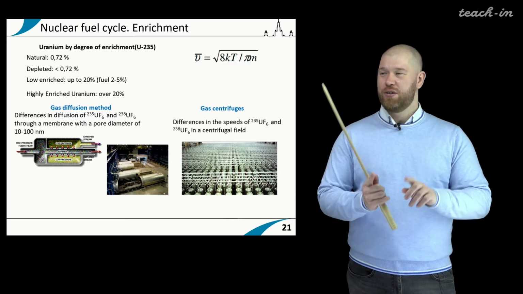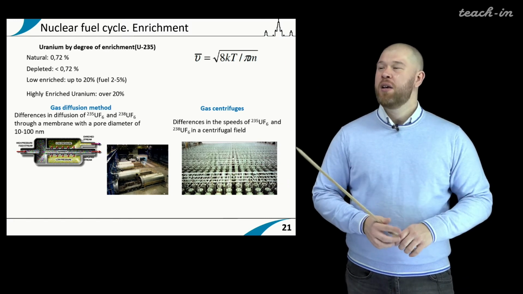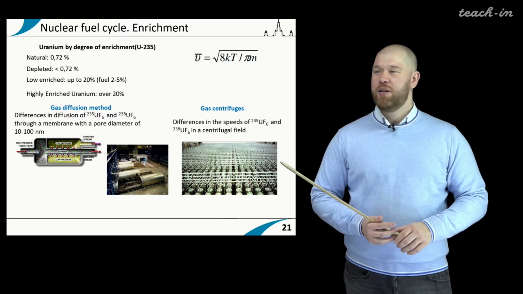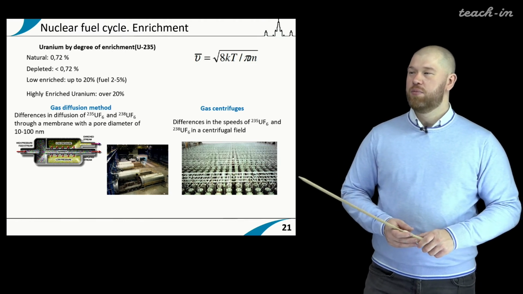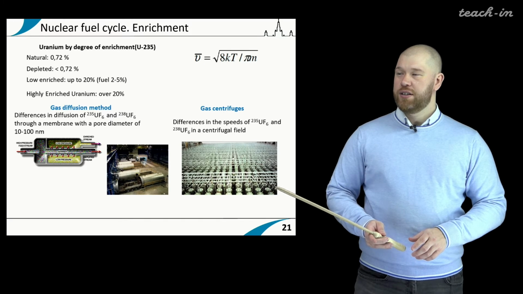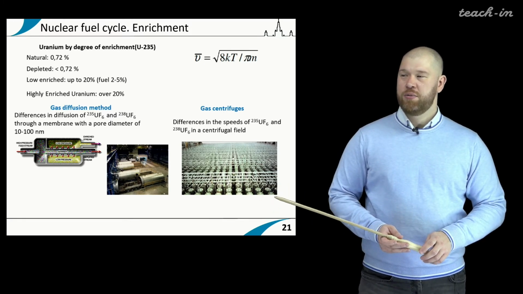Thus we can separate two gas streams in this centrifuge, and one of the streams will contain the lighter element, and the other the heavier element.